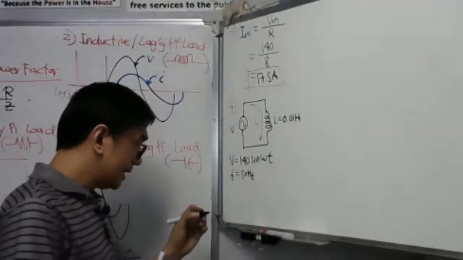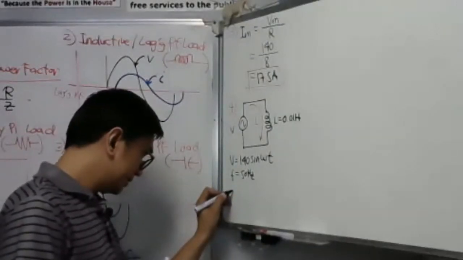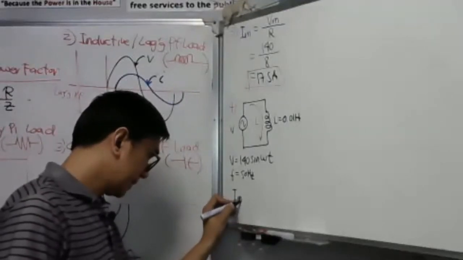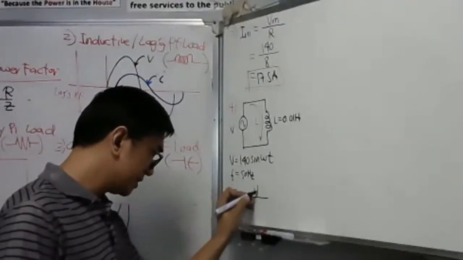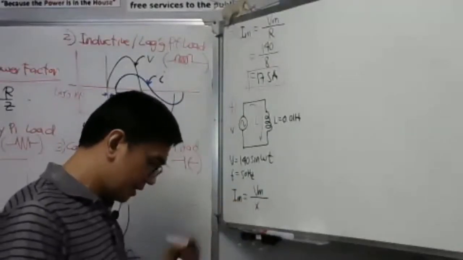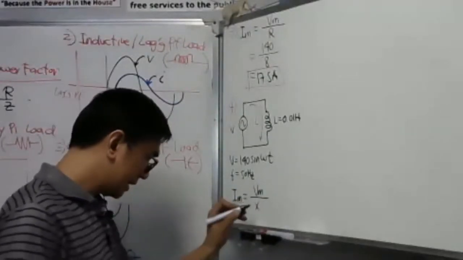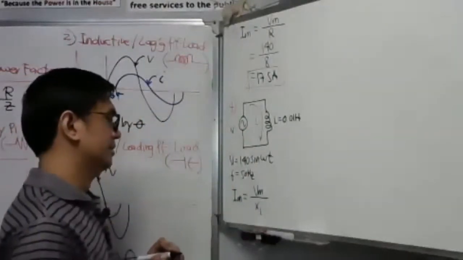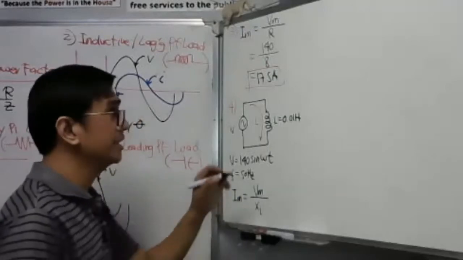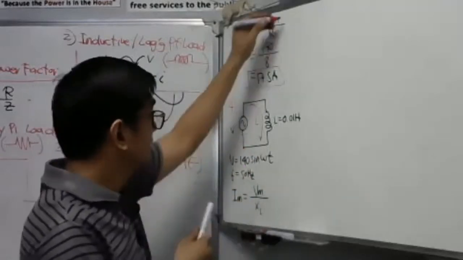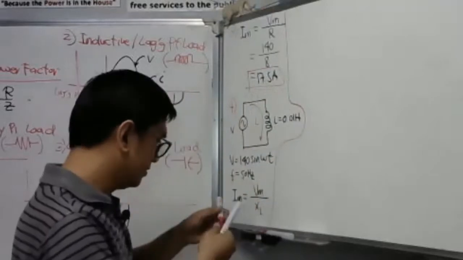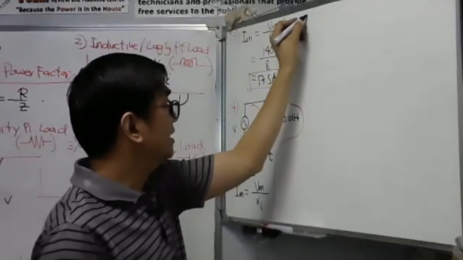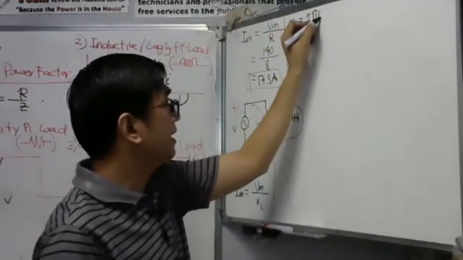Our current, again, is our B sub M over X. Since this is an inductor, that is our X sub L. Let us get first our X sub L. Ano yung formula natin kanina? Our formula is 2 pi F L.